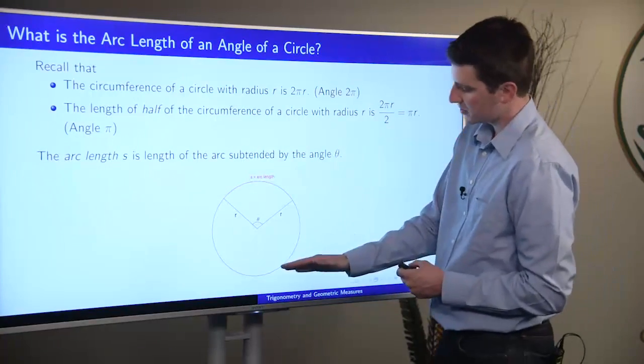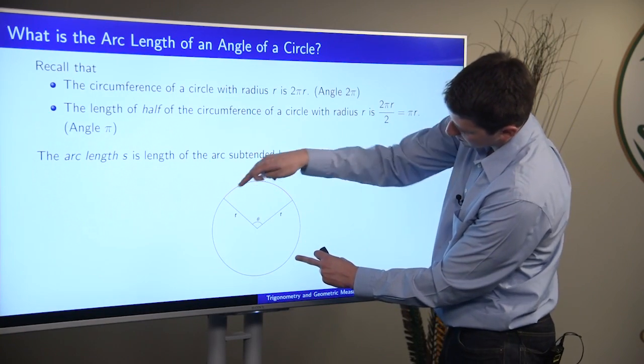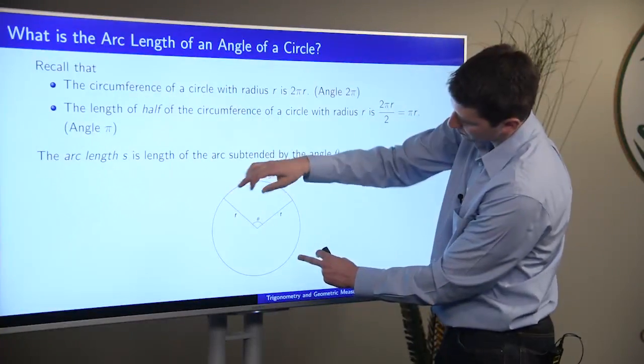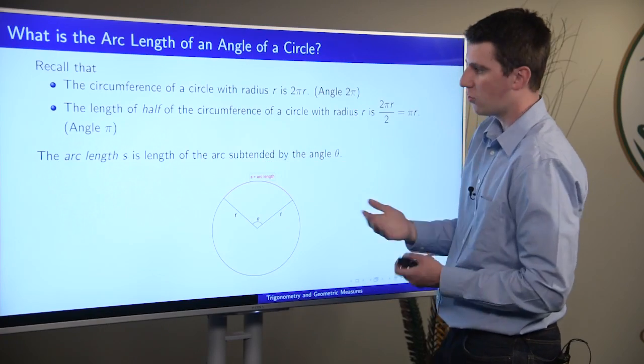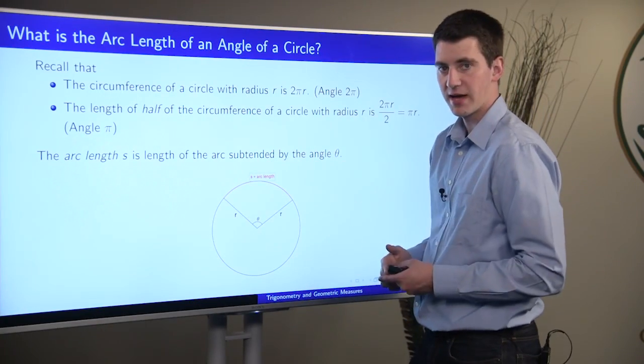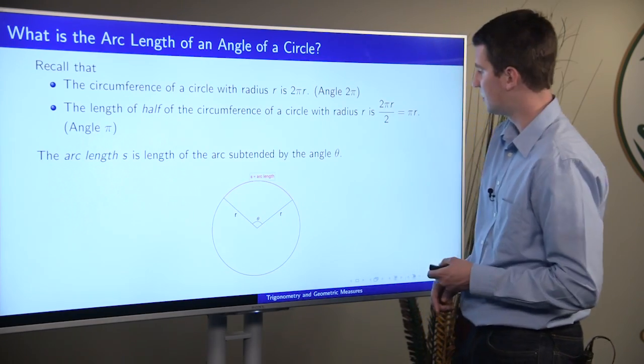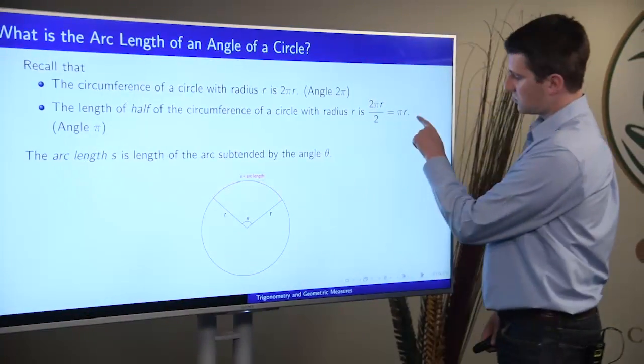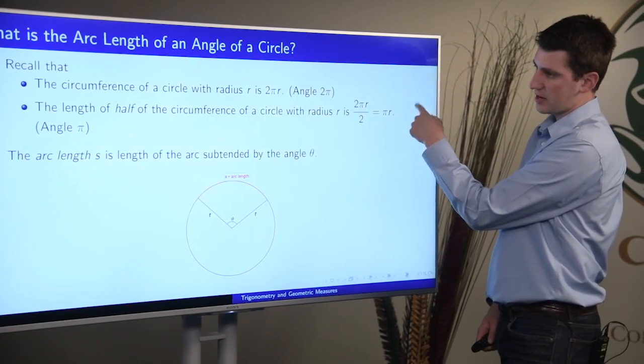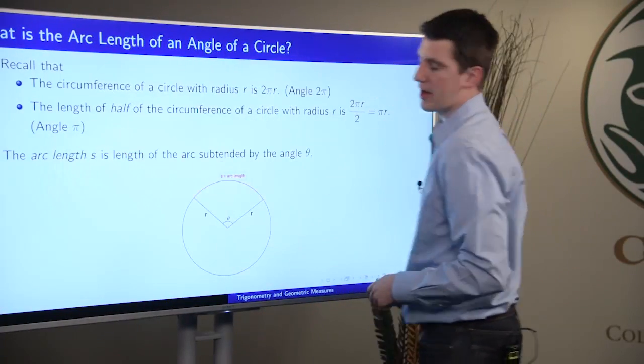But if we think about half of a circle, just the rounded part, that is just the arc that's subtended by the angle that is half of a circle, which is pi. So we can associate this length right here with the angle pi.